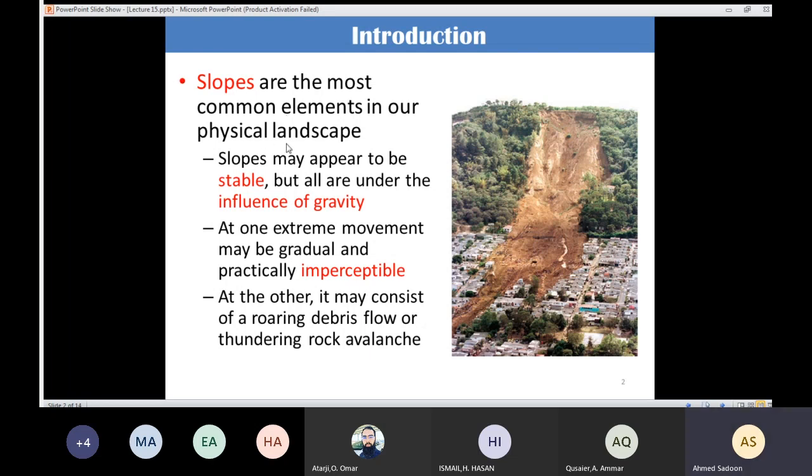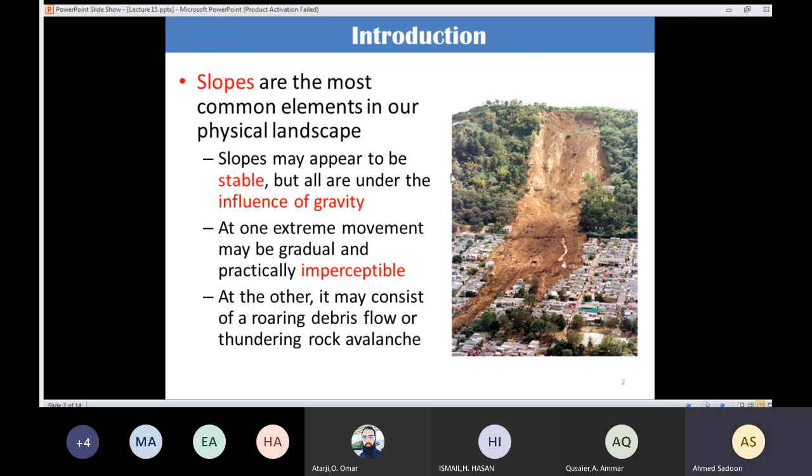We always see slopes. And we can say that the slope looks stable under the influence of gravity. But that may change for one reason or another.